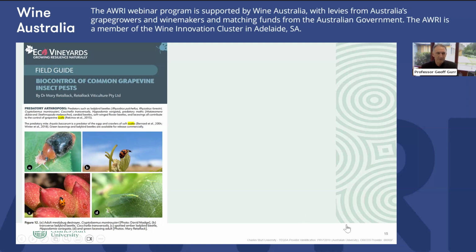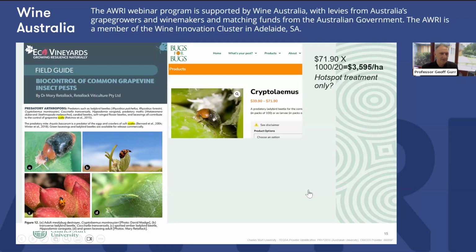Now, the very useful field guide from Mary Retallack, produced as part of her Eco Vineyards program, does provide some useful information about some of the generalist predators that we can find in vineyards and that will potentially attack scale insects.